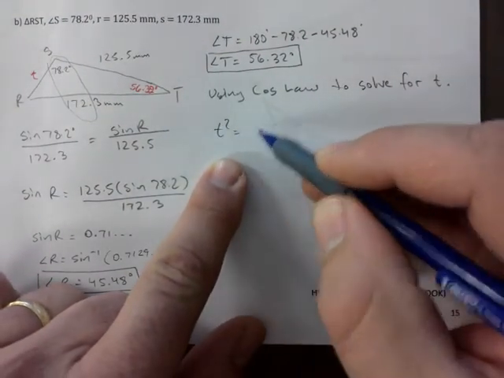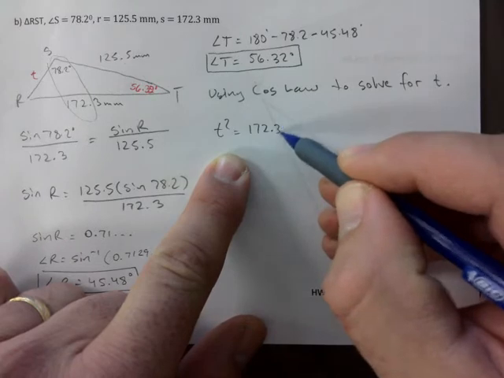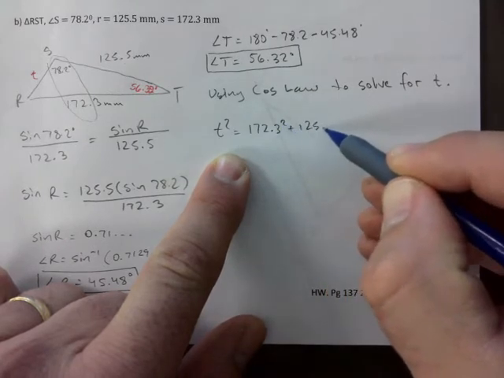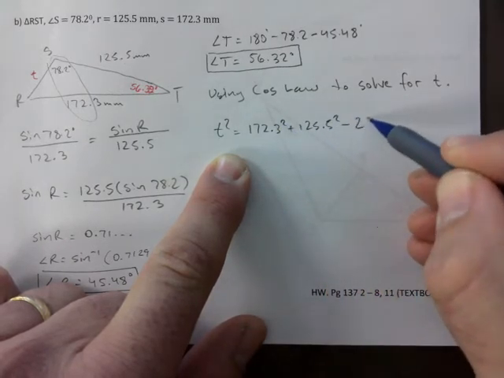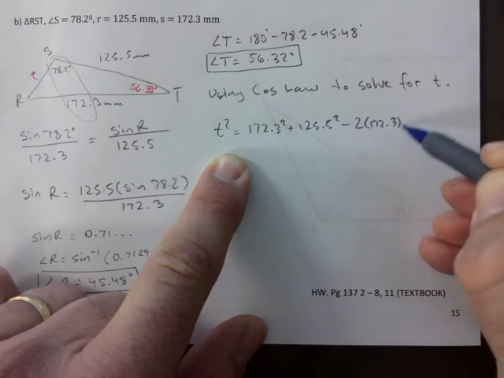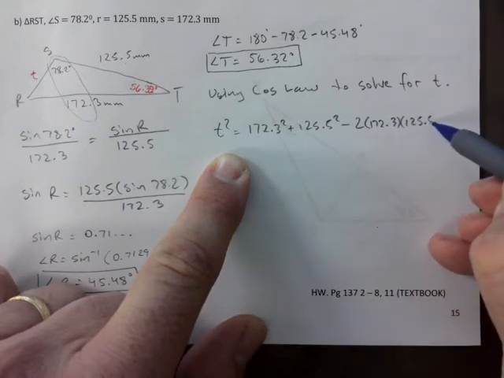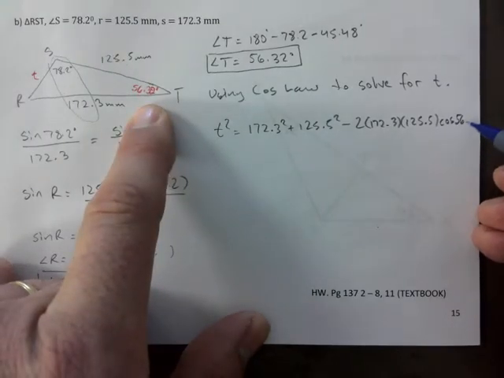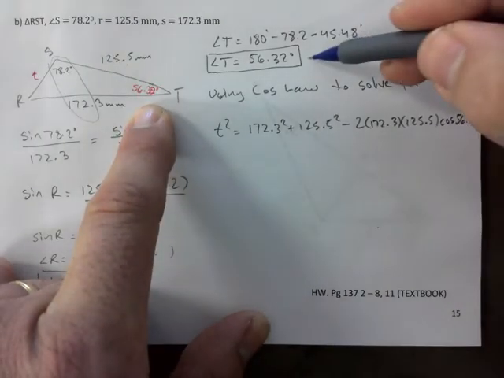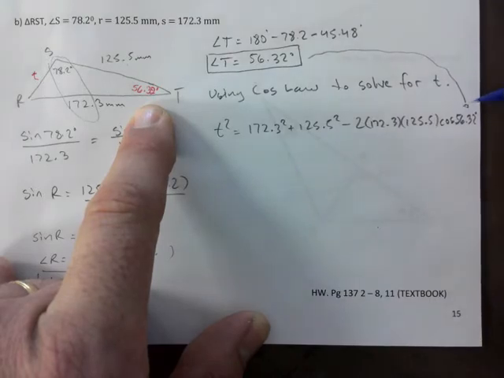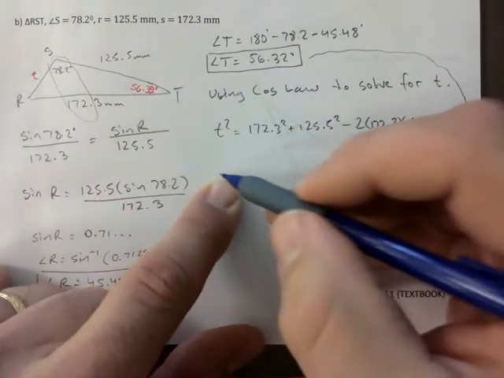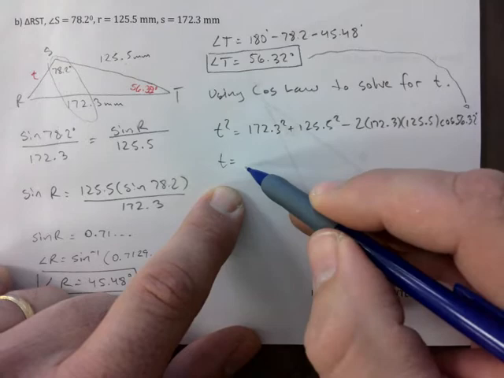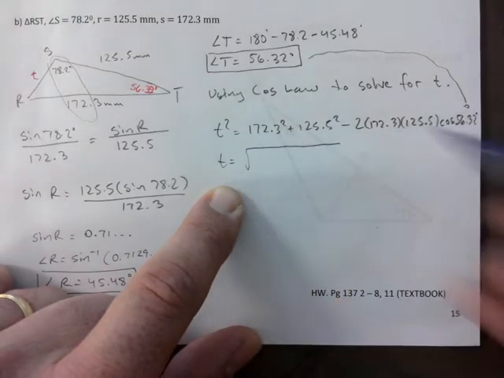So T squared would be 172.3 squared plus 125.5 squared minus 2 times that times the first one times cosine of 56.32. Okay, so this angle is what I'm using there. If you use sine law, don't erase, right? Like it's just fine. Okay.